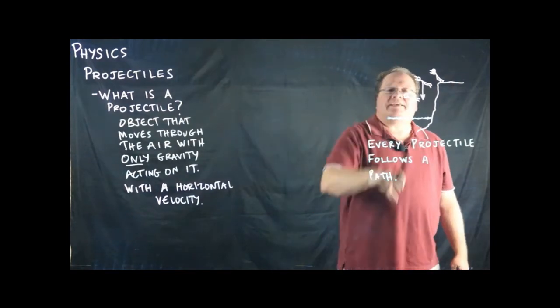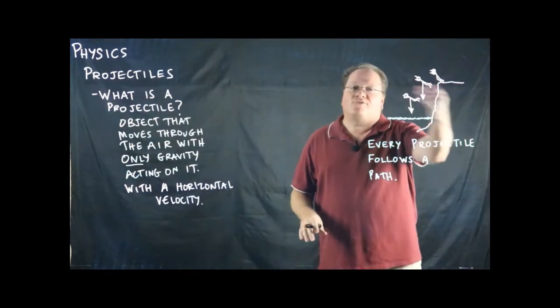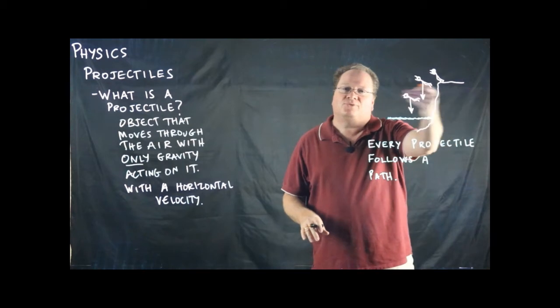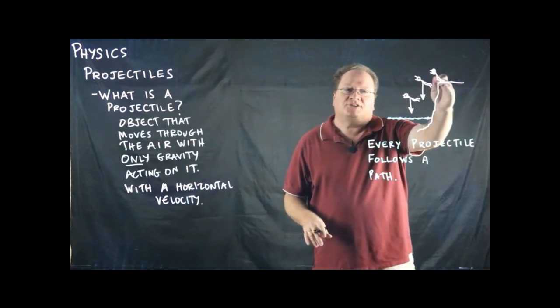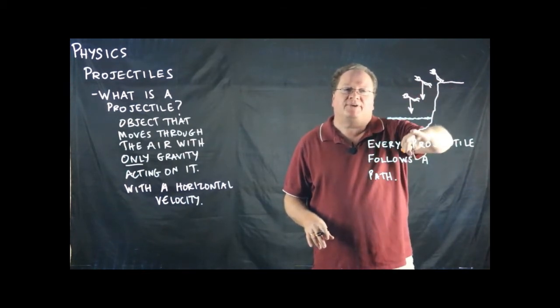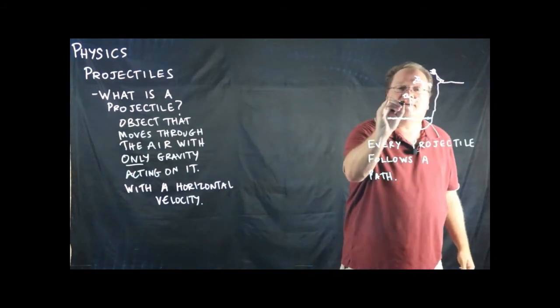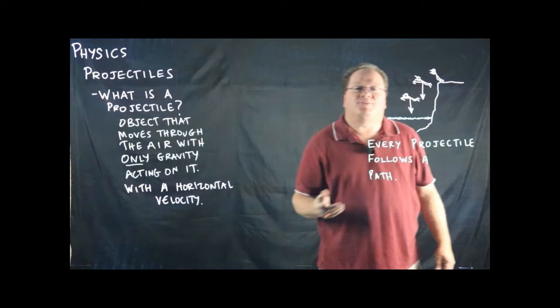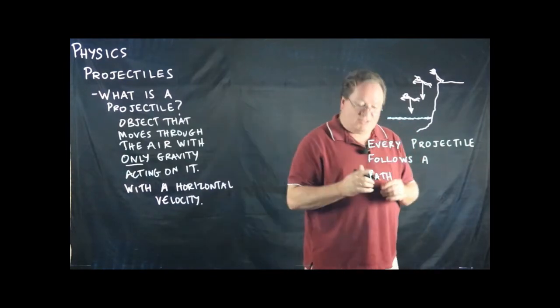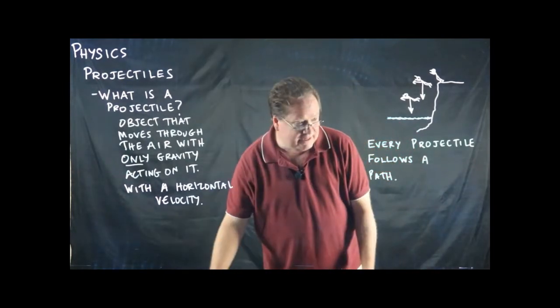But there's no force horizontally acting on you at all. You're essentially in free fall from that point of view. It's just that you're also moving forward at the same time. All right, so that's what projectile motion is.